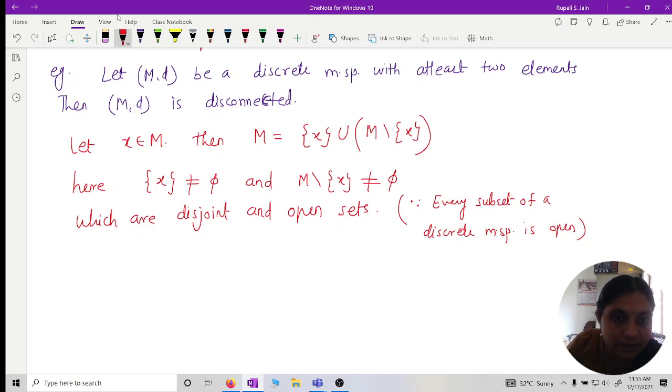So singleton {x} is open in a discrete metric space, and its complement is also open, and M can be written as singleton {x} union its complement, right? And they are automatically disjoint. Therefore, this is a separation, which implies M is disconnected.